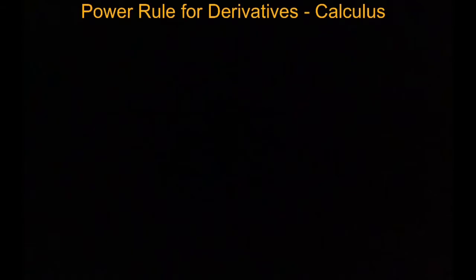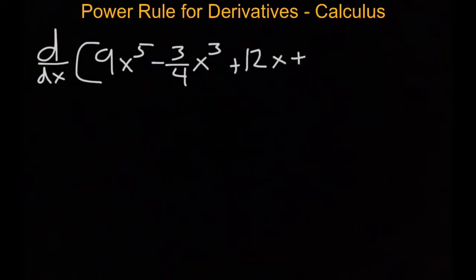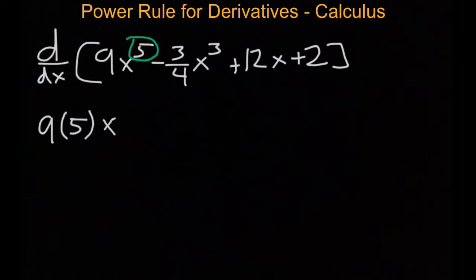On to our second question. Let's find the derivative of 9x to the power of 5 minus 3 over 4 x to the third plus 12x plus 2. So our n value for 9x to the fifth is 5. So we could write it out as 9 times 5 times x to the power of 5 minus 1.